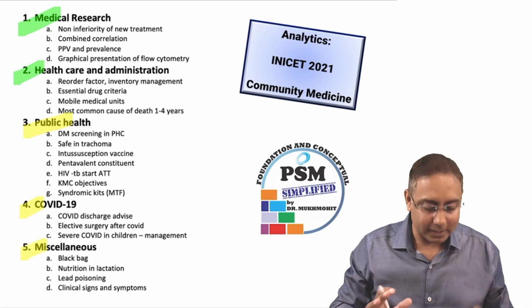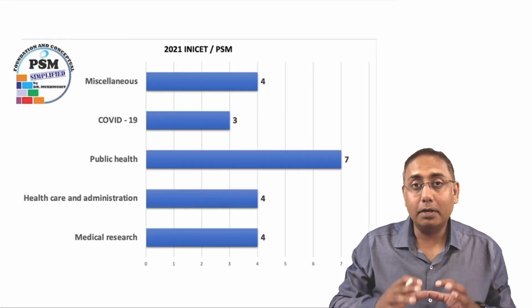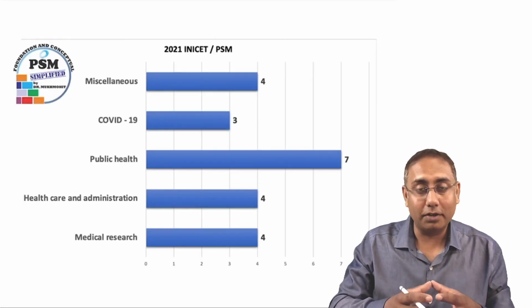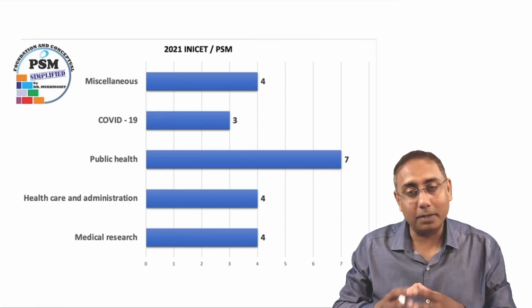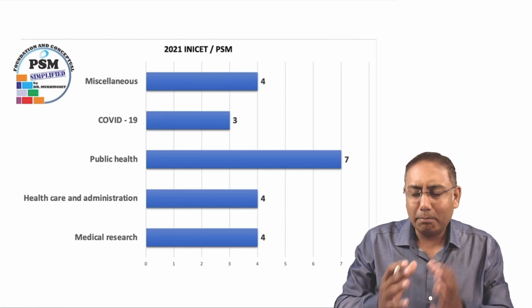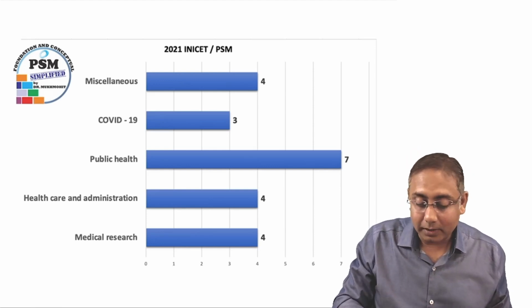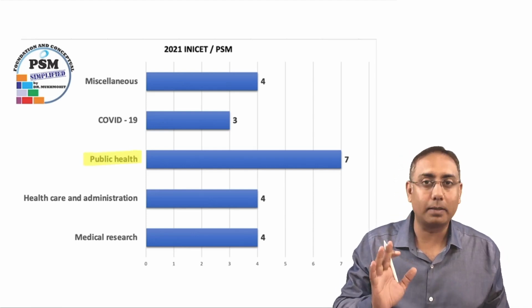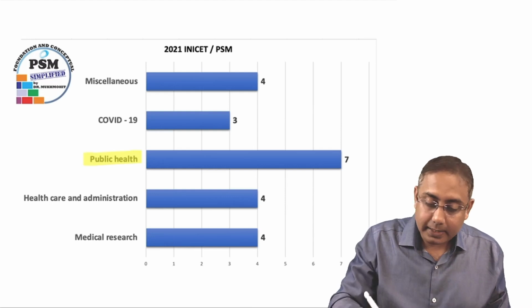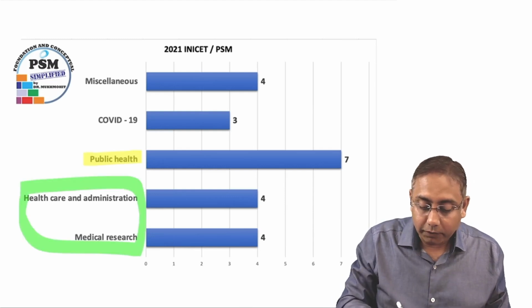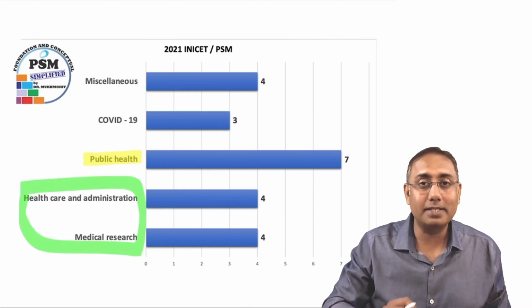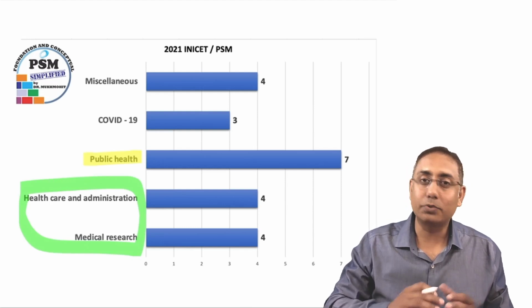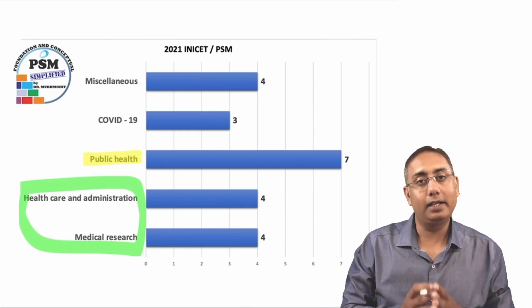If you look at the burden of the topics on the INICET exam from community medicine, maximum questions were from public health, communicable disease, non-communicable disease, and the health programs guidelines. And as expected, the forte of these AIIMS exams, the INICET exam, is questions from medical research and healthcare administration.